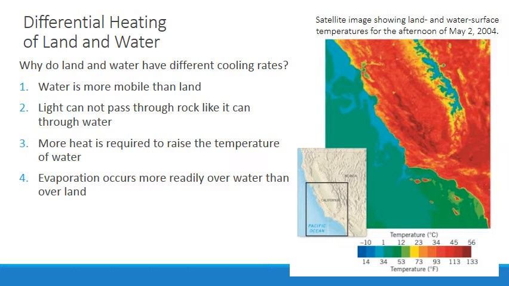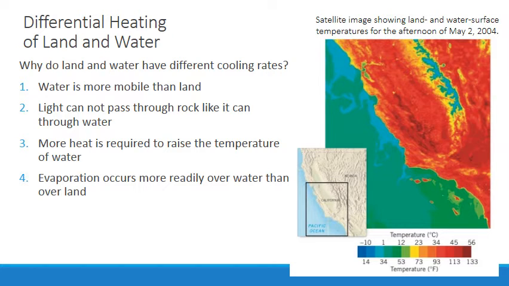Once you dig under the surface, just a few centimeters, the temperature is much lower, right? So because water is more transparent than earth, it allows more solar radiation to penetrate to a depth of several meters.